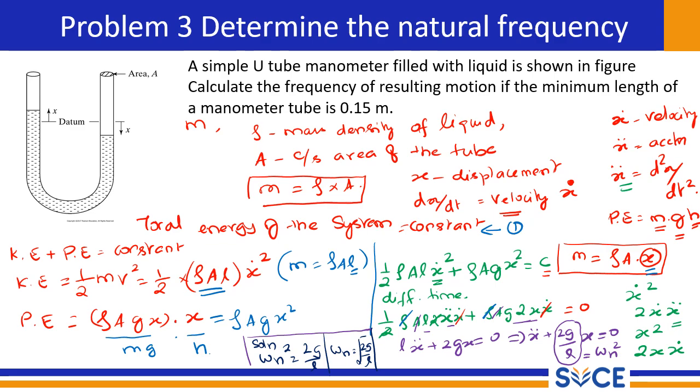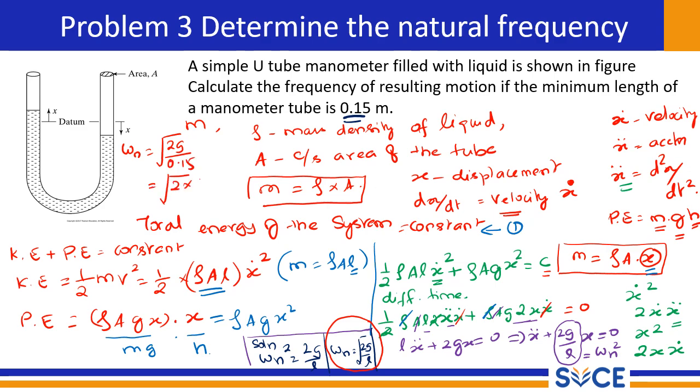Now, in order to understand, I just want to solve this. The given value here is 0.15 for L, which is to be substituted. So I am substituting omega n equal to root of 2g by L, with L as 0.15, where g is 9.81.